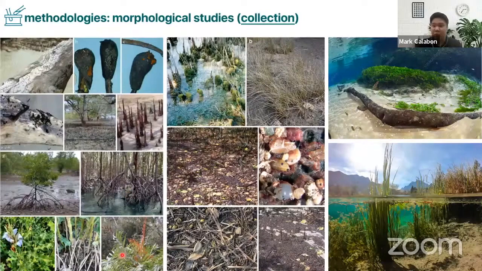It should be submerged, because if it's not submerged for quite a long time, we cannot isolate aquatic fungi. And because we already know the morphology of aquatic fungi, we can distinguish that this one is an aquatic fungus because it belongs to certain genera.